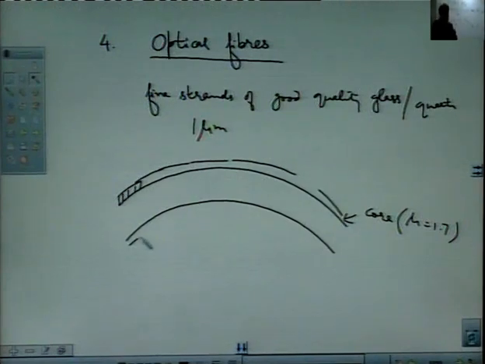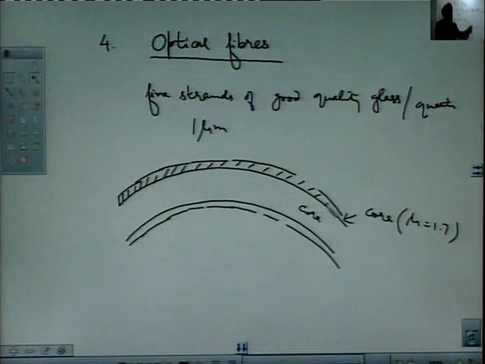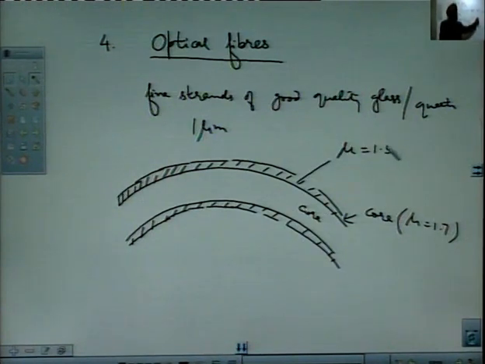The outer side of this core has a coating of another material, but its refractive index is low, say 1.5.